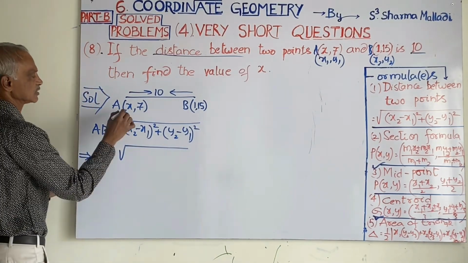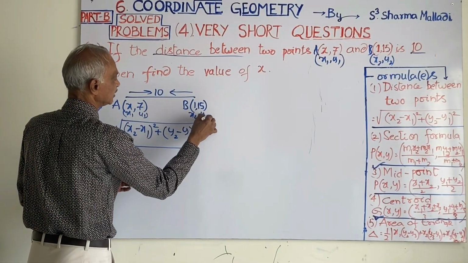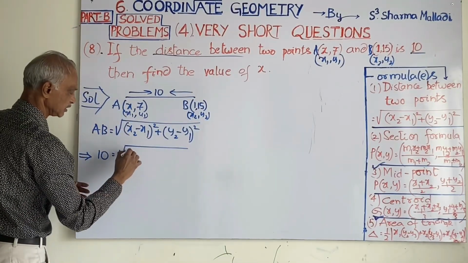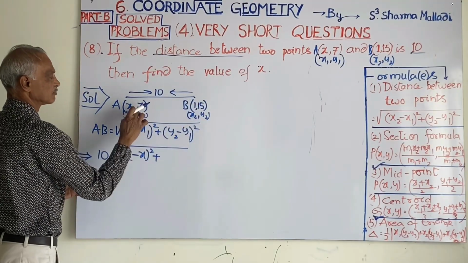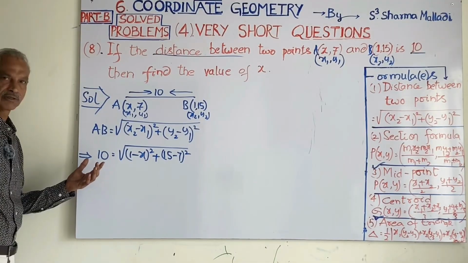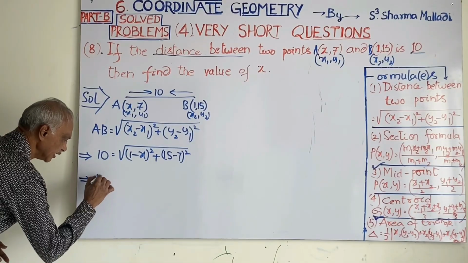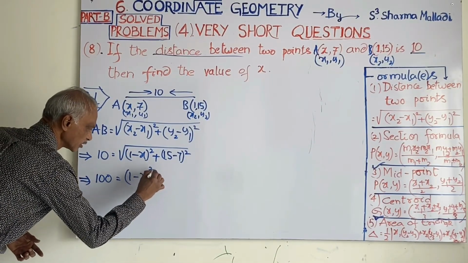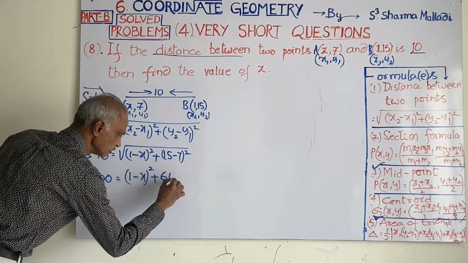x2 minus x1 whole square means 1 minus x whole square plus y2 minus y1 whole square means 15 minus 7 whole square. See, root is there, so squaring both sides you will get 100 is equal to 1 minus x whole square plus 15 minus 7, 8. 8 square means 64.